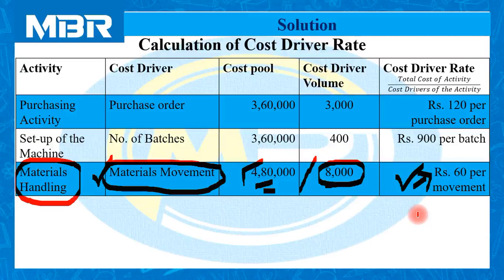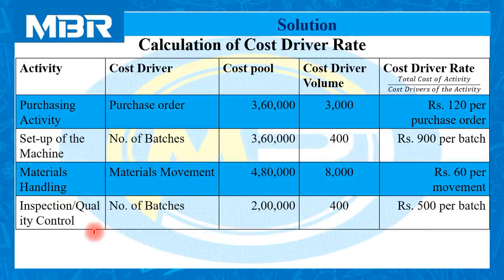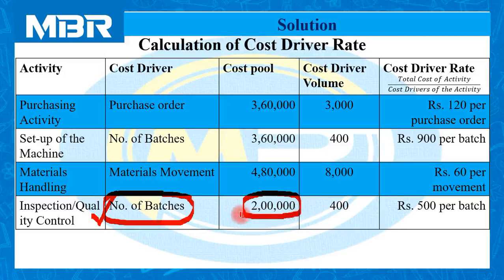The fourth activity available in our question is inspection or QC, quality control. As per the information available, we have to divide inspection or quality control expenses based on the number of batches. Total estimated expenses are rupees 2 lakhs and the number of batches to be operated during the year 2020-21 is 400.